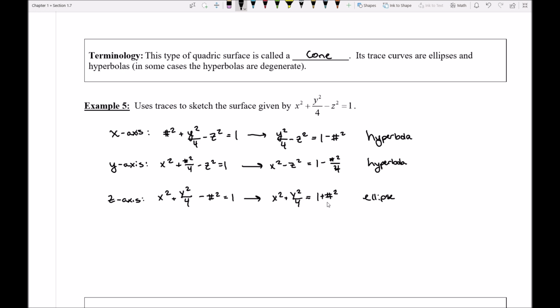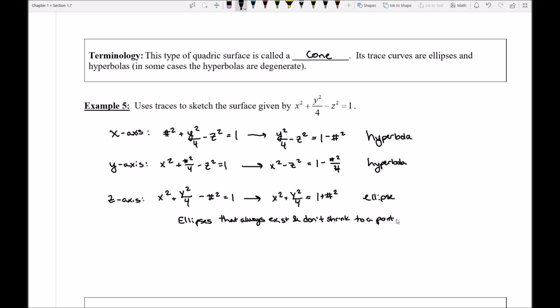But that also can't happen because there's no way that a number squared can turn into a negative 1 if we're only dealing with real numbers. So what we have here is ellipses that always exist and don't shrink to a point.